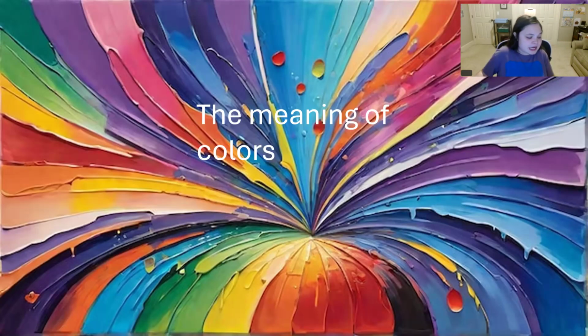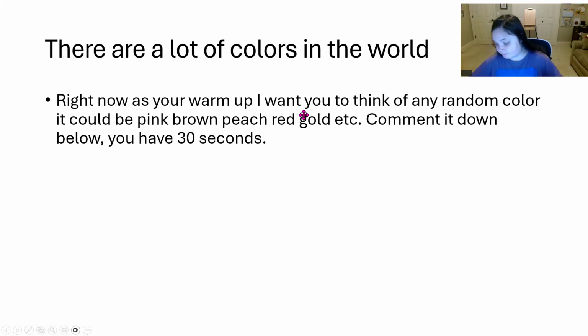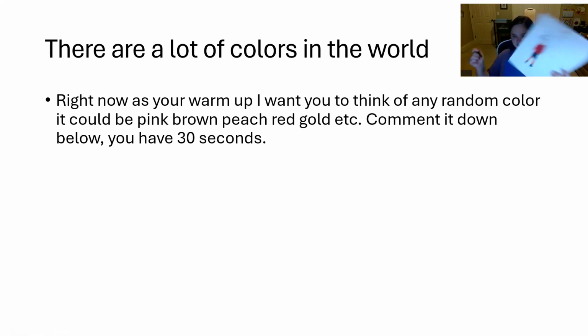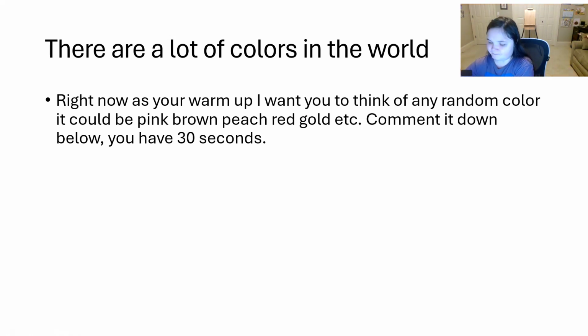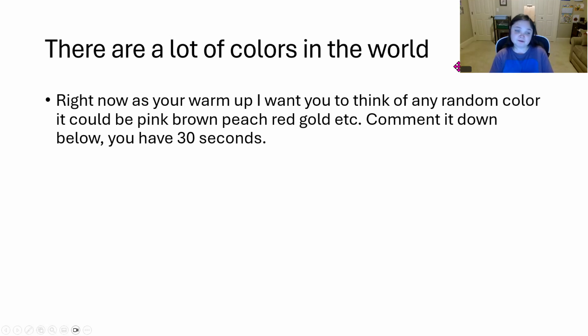So now we're going to move on to the meaning of color. What you'll need here is, first, your notes, okay? And it's going to tell you that in a second. You'll need your notes and a pen here. So, right now, there are a lot of colors in the world.